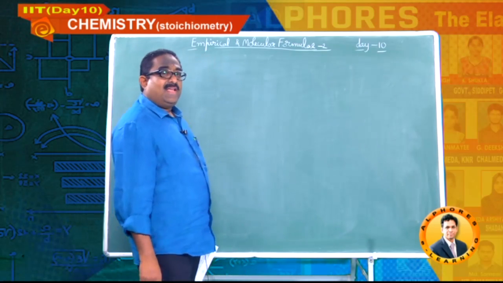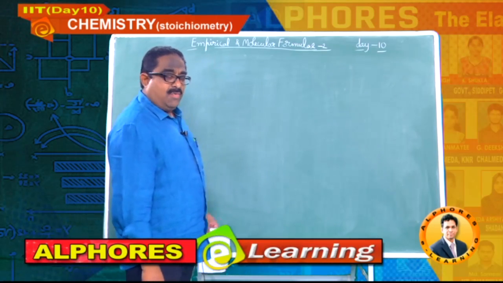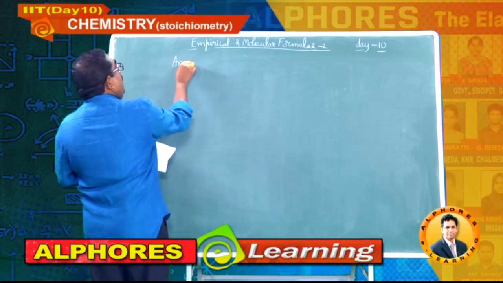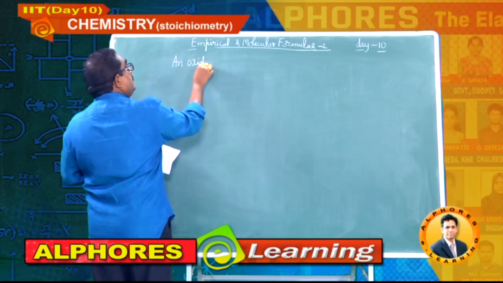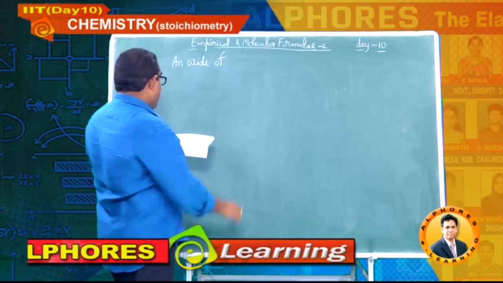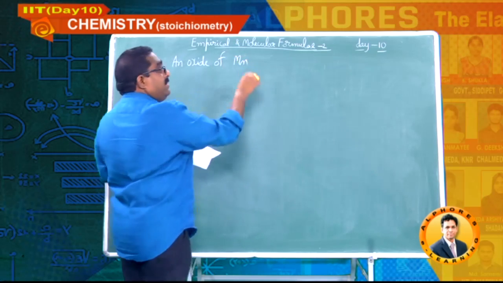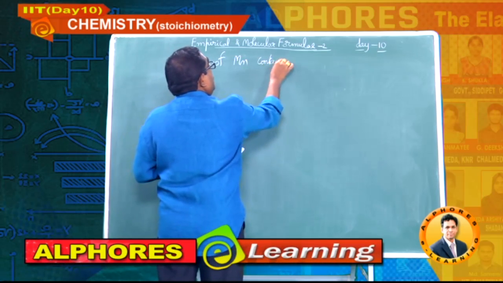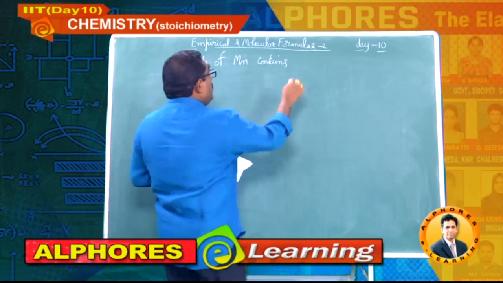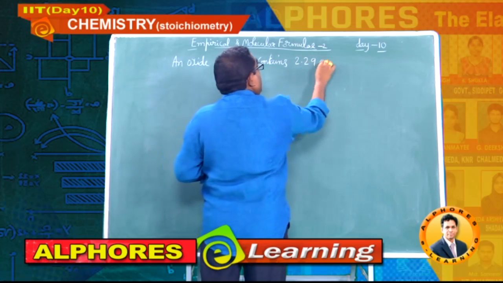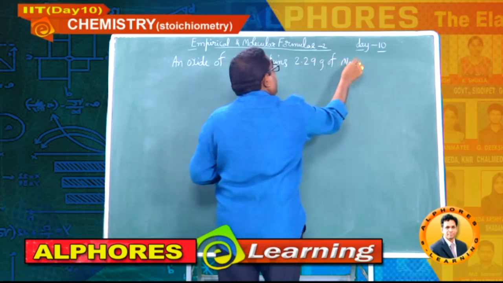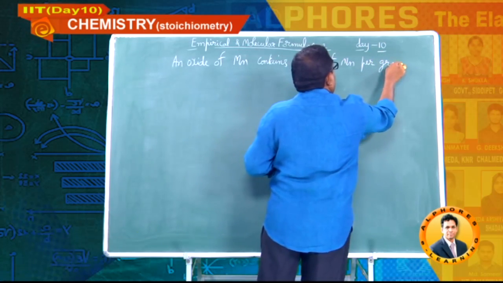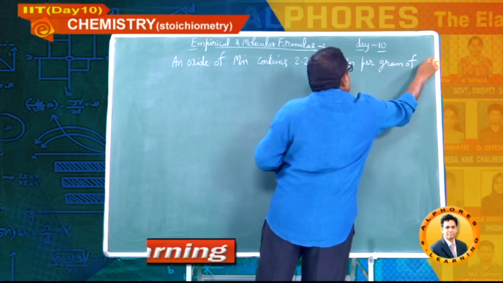Okay students, let me go for the next numerical. Please write down. An oxide of manganese, Mn, contains 2.29 grams of manganese per gram of oxygen.